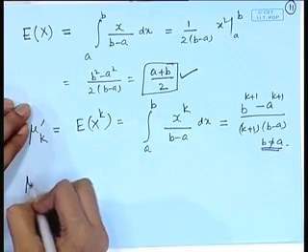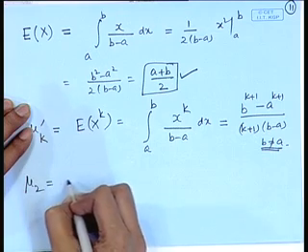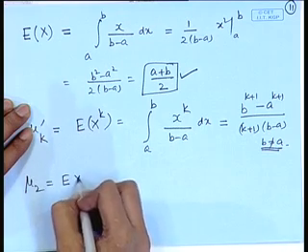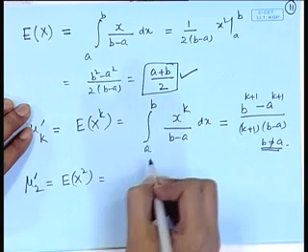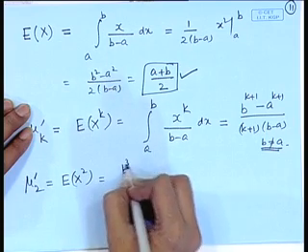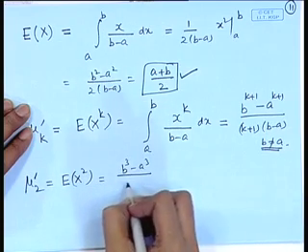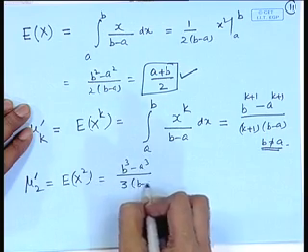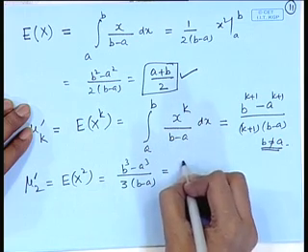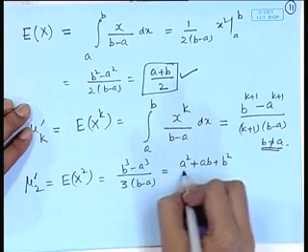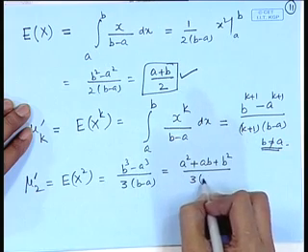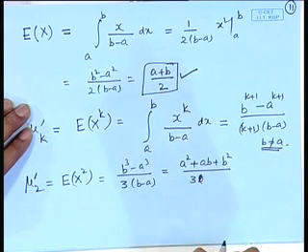So, in particular, mu 2 prime, that is expectation of x square, will be equal to b cube minus a cube divided by 3 into b minus a, that is a square plus ab plus b square divided by 3.